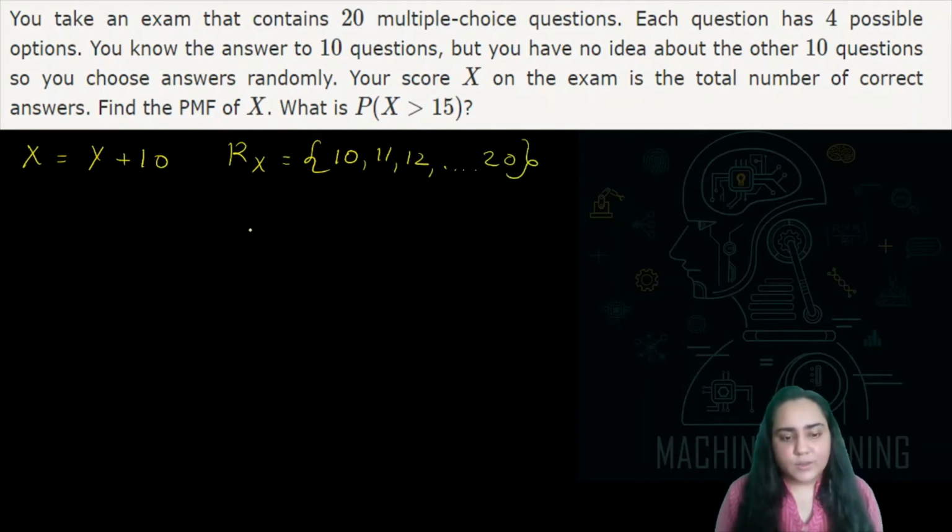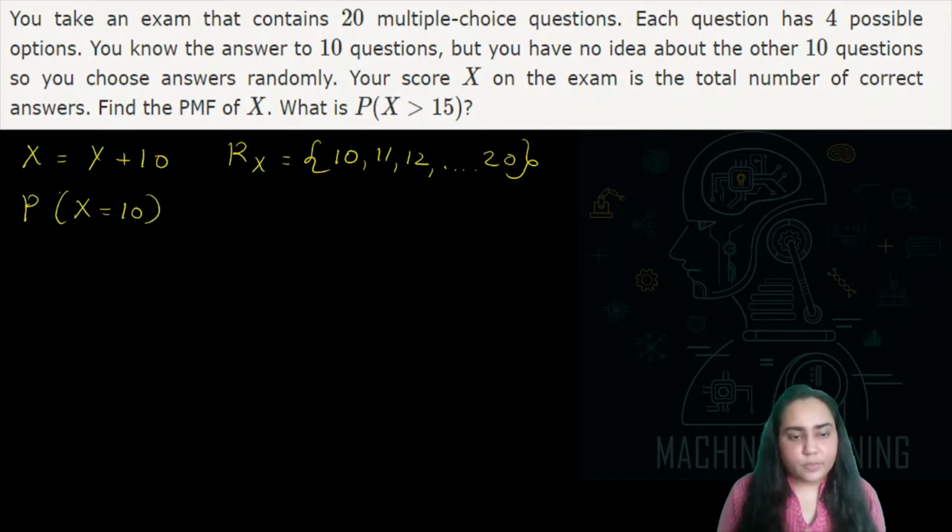So this is my range of x. And to calculate the PMF for x, let's try to find the probability of x equal to 10. When can this happen? I'm going to replace x with y plus 10, so it's actually y plus 10 equal to 10.